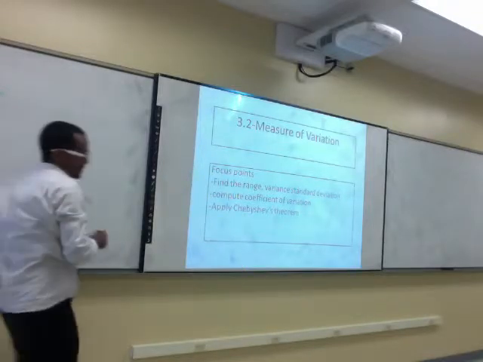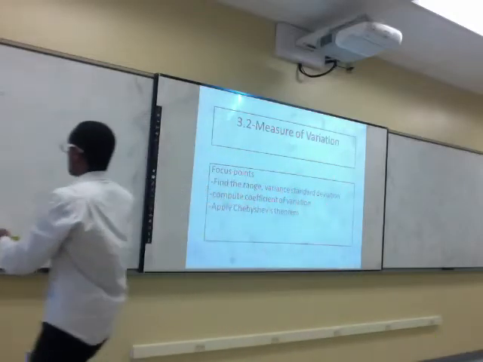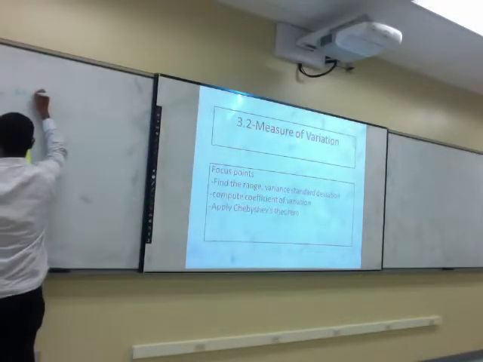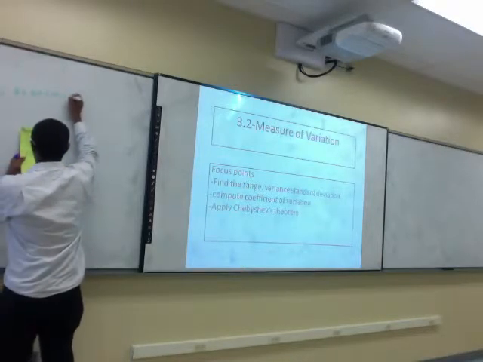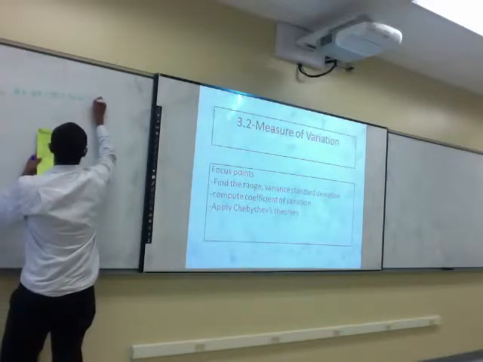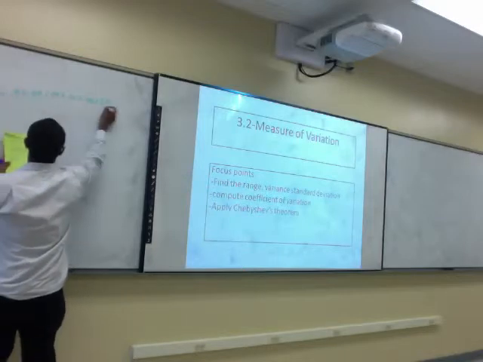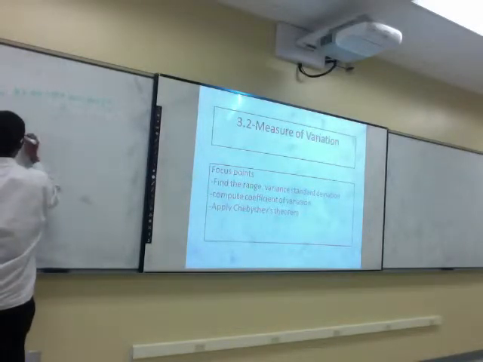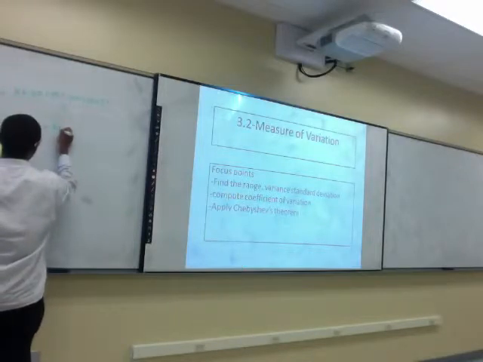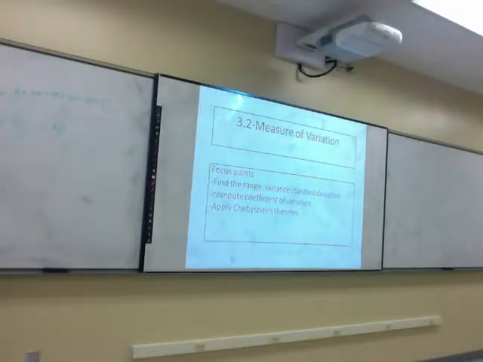So I have 10 plus 60 plus 50 plus 30 plus 40 plus 20 divided by 6. You have 210 divided by 6, which equals 35, right? So this is for type A of paint.